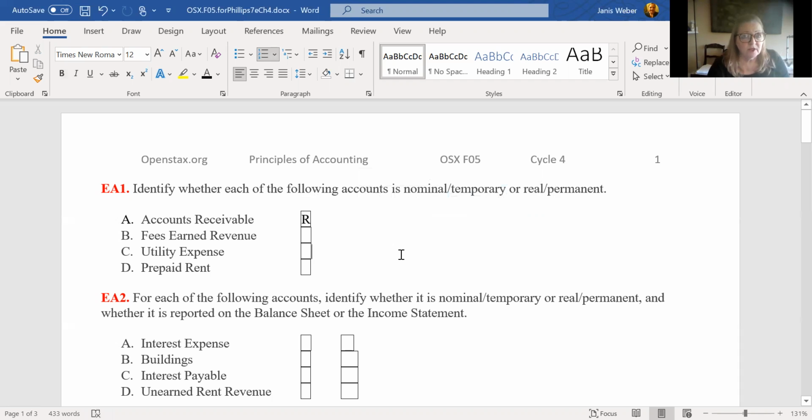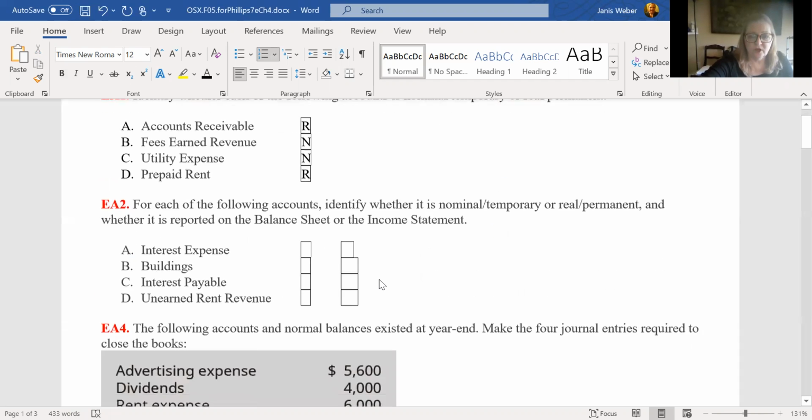Fees earned revenue, any revenue, expense, or dividends would be the temporary accounts because those are the ones that are closed out. So the nominal would fit there for the revenue account. Utility expense, likewise, is a temporary account, nominal. And then prepaid rent is a permanent account. It's an asset. So we'll call that a real rather than nominal account.